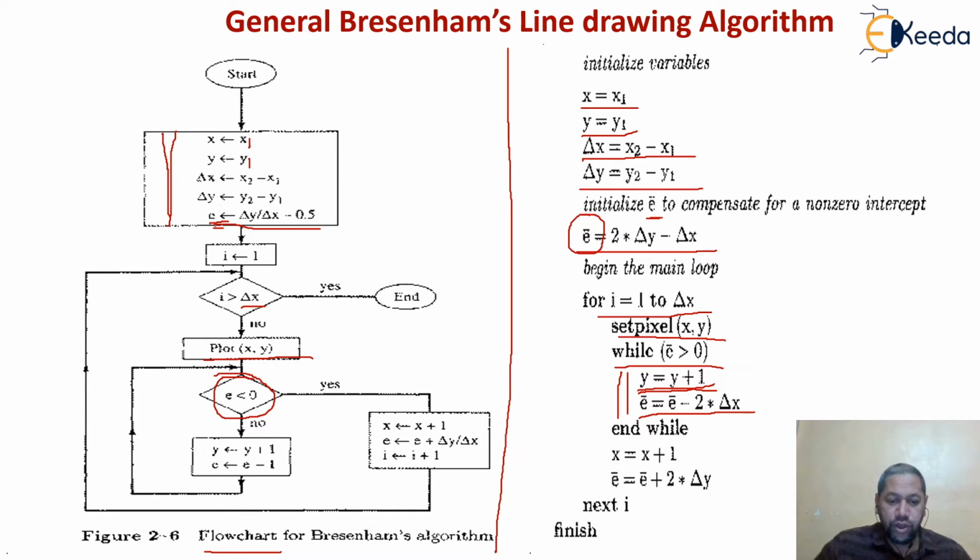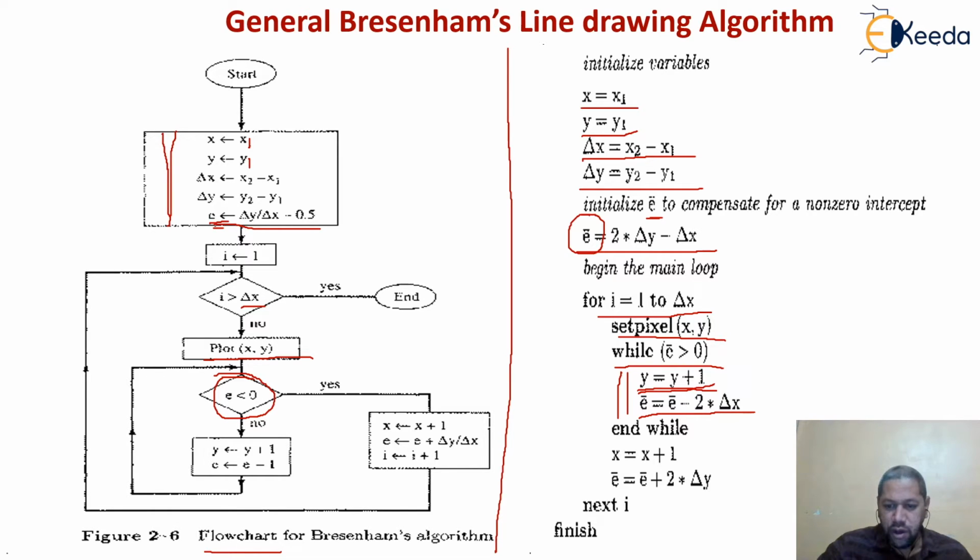Here is the same thing in the flowchart. If the value of the error term is greater than 0, that is, if the error term is positive, what we are going to do is the y value is incremented by 1, y is equal to y plus 1, and e is equal to e minus 1.